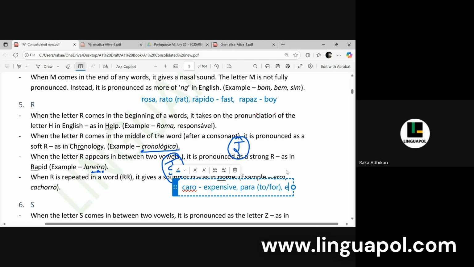For example, era. Era means it was. There are not many words where the R comes between two vowels, but wherever there is an R between two vowels, then the sound is the strong R, where the tongue kind of rolls.